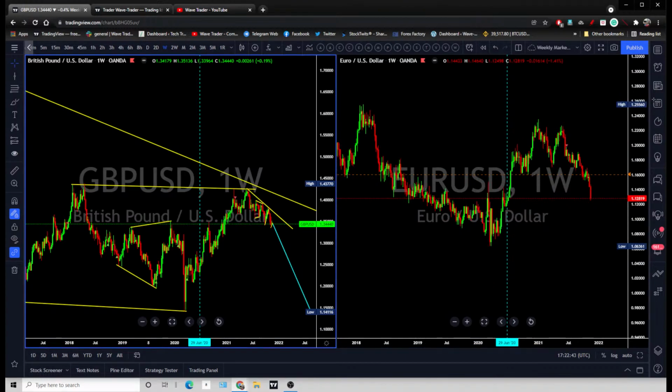Euro dollar was at 112 or 13. So this has to catch up to that move.